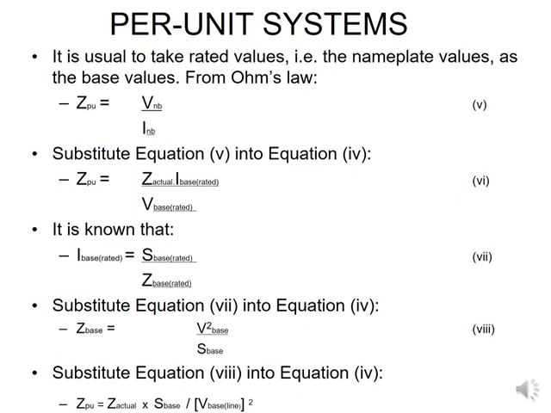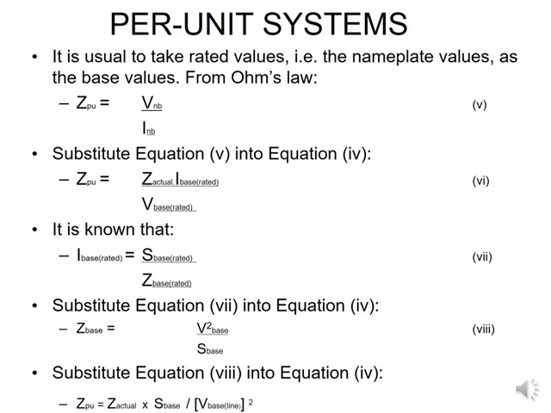And therefore, if I take that and the fact that I know that my current base is the same as my S base, which is my apparent power, divided by my Z base, then I can substitute and say that it gives me a Z base value that is going to be V squared over S base.